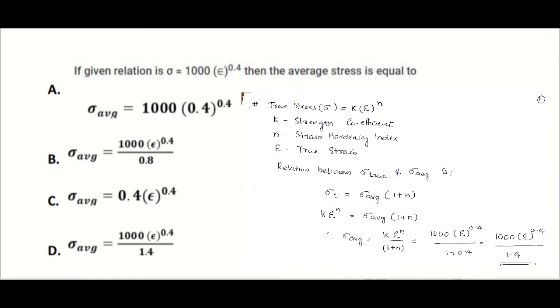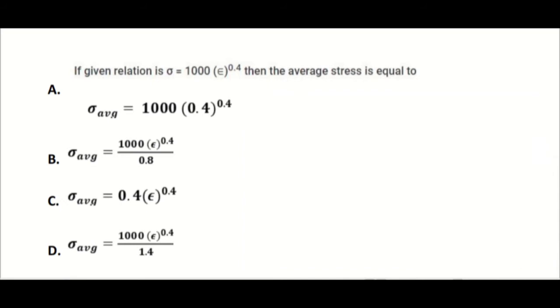From that, sigma average is equal to K epsilon raised to n divided by (1 plus n). Substituting the values of strength coefficient, true strain and strain hardening index, we get 1000 epsilon raised to 0.4 divided by 1.4. So from that we get the answer. Option D is the right answer.